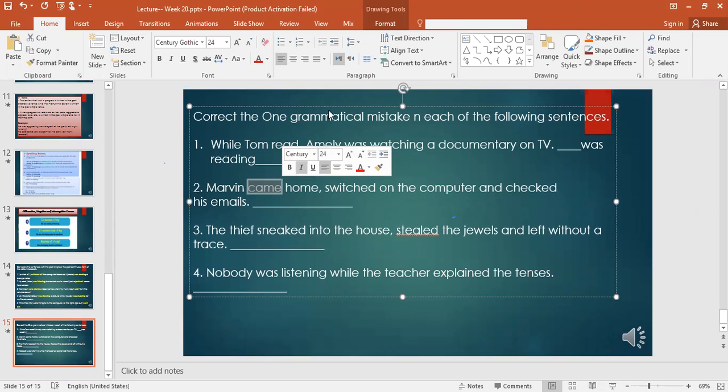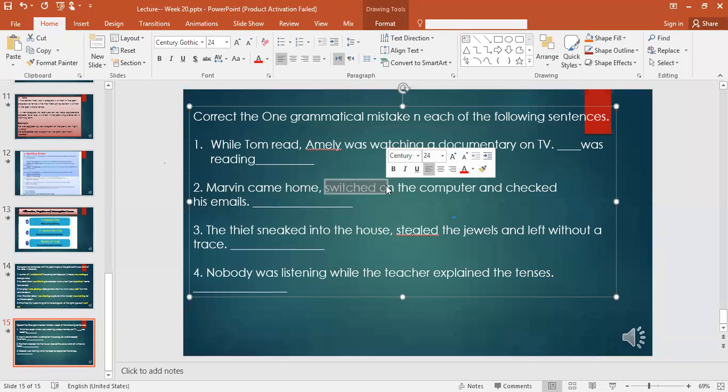In the past. Switched, in the past. So check should also be used in the past because this is a series of verbs or series of actions that happened in the past, right?